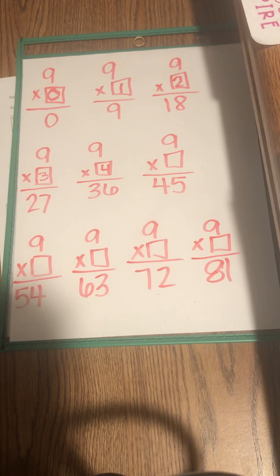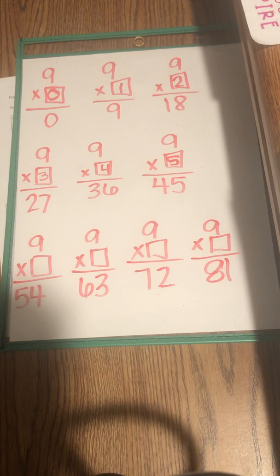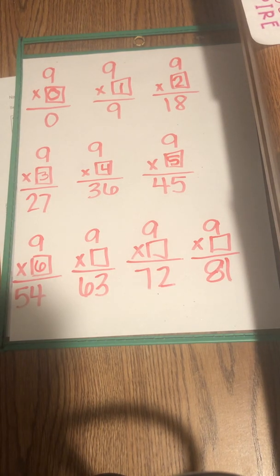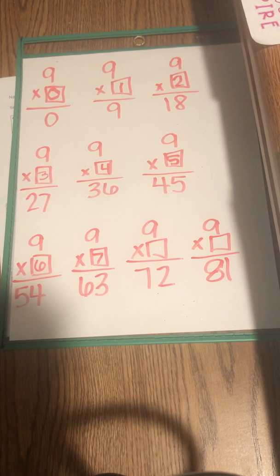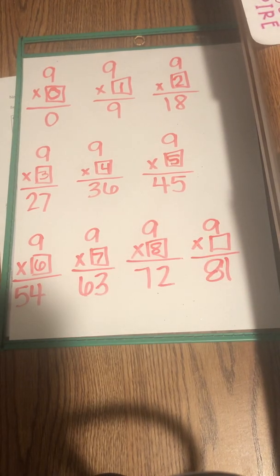9 times what equals 45? 9 times 5 equals 45. 9 times what equals 54? 9 times 6 equals 54. 9 times what equals 63? 9 times 7 equals 63. 9 times what equals 72? 9 times 8 equals 72.